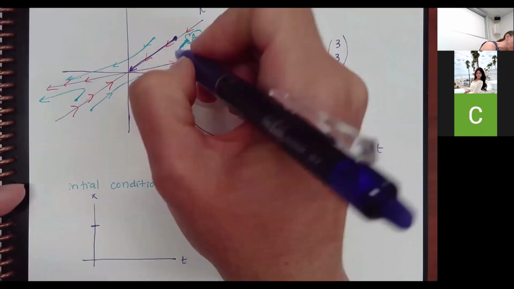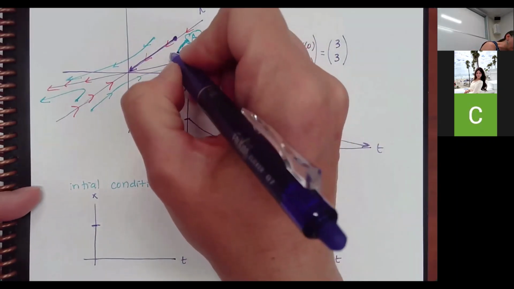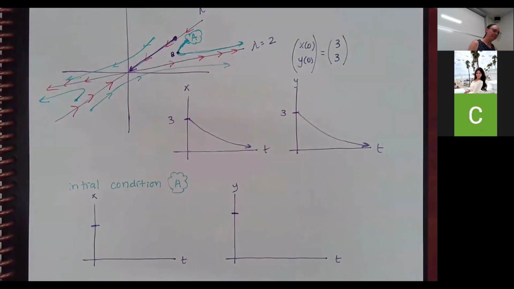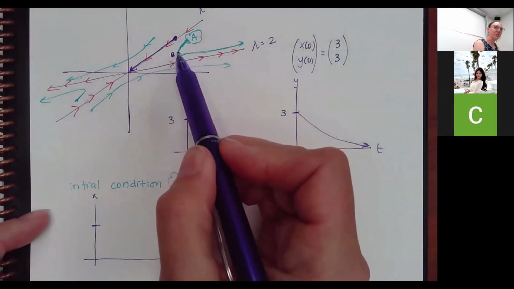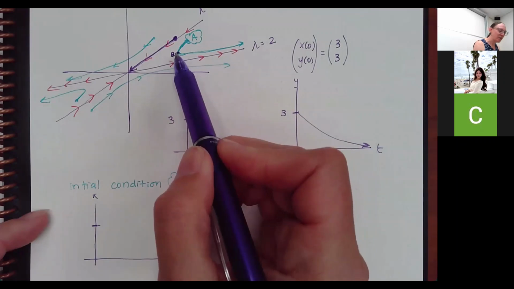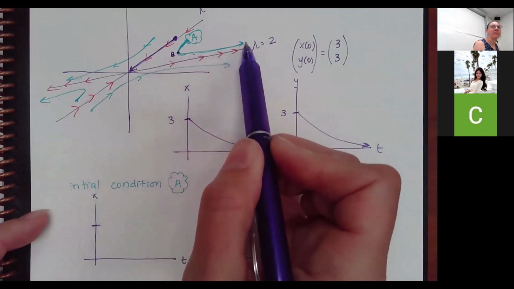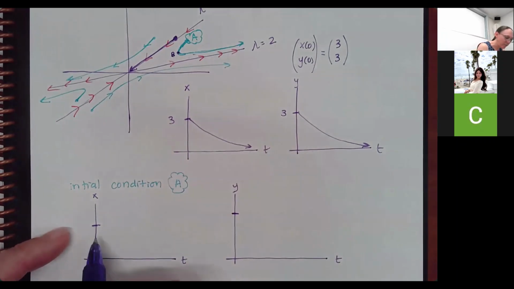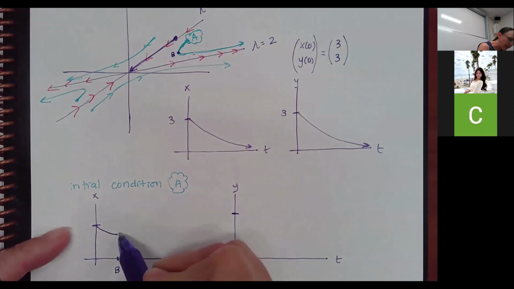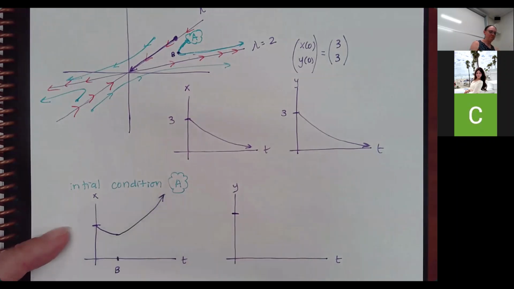So if I think about this point in time, B, that's the smallest x value that I get to. And then x starts moving to the right again. So if I'm sketching the graph down here, my x gets smaller for a little while, and then it's getting bigger again.